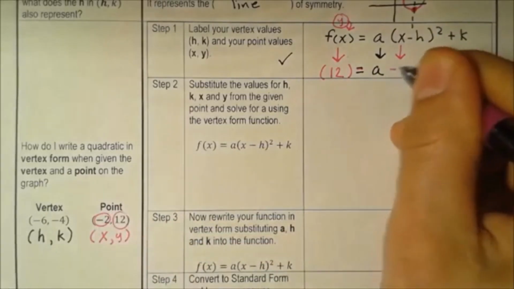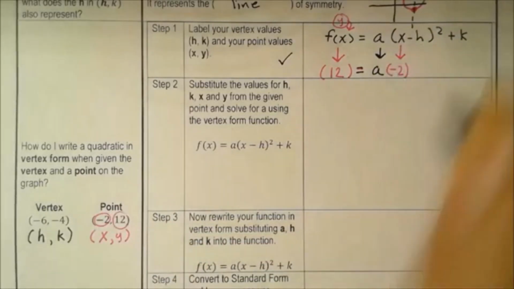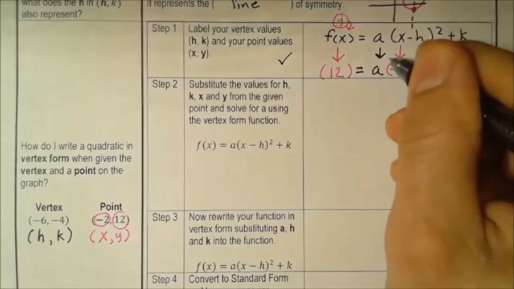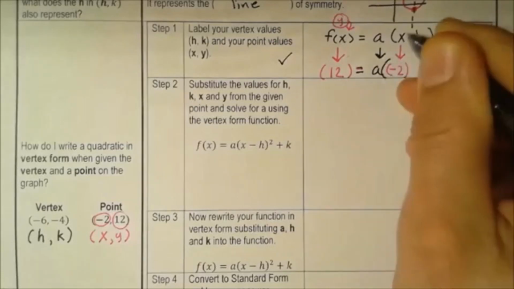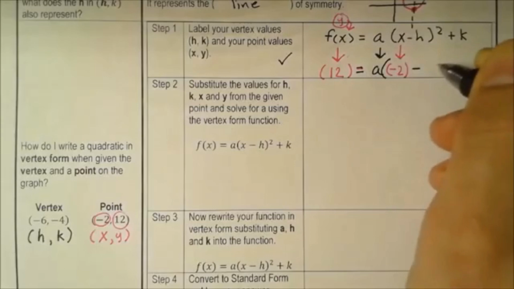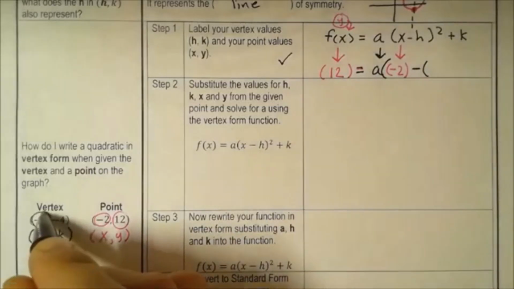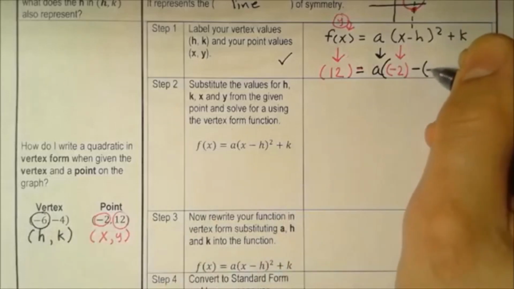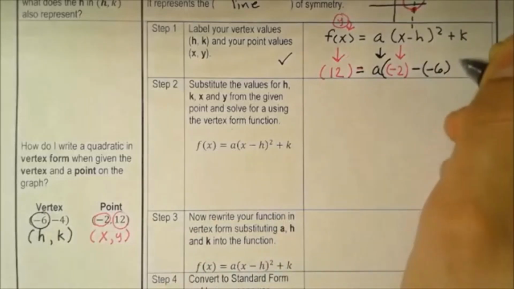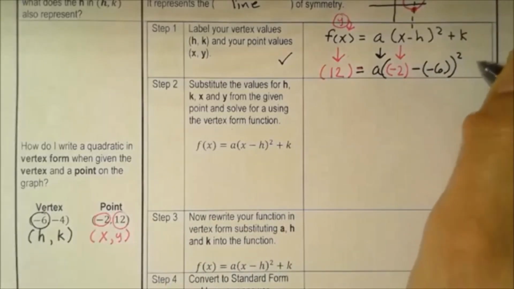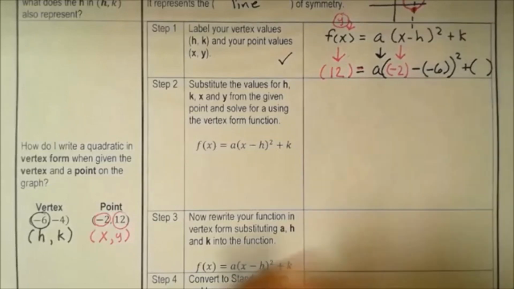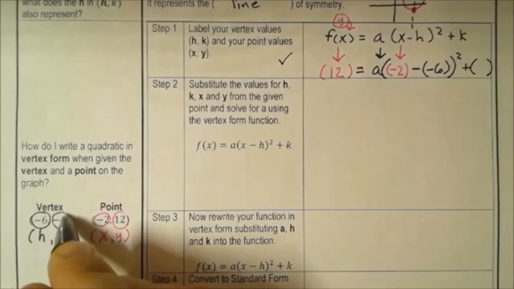So I'm going to actually put in parentheses a negative 2. Now of course this is inside of the big parentheses, which is x minus my h. My h is negative 6. So I'm going to take that negative 6 and substitute it in. Close the parentheses, put my squared, and then I have plus k. So plus the value of k. The value of k is negative 4.